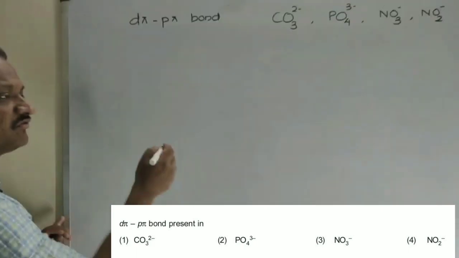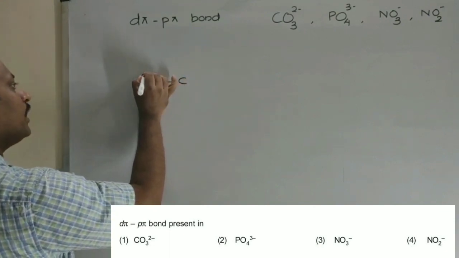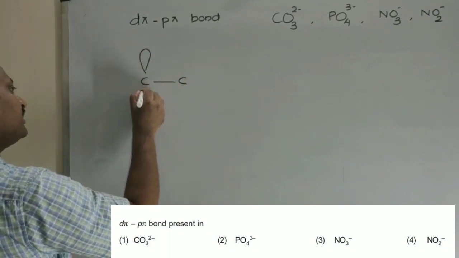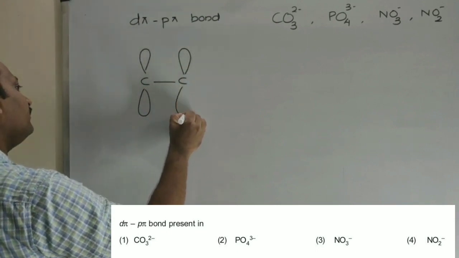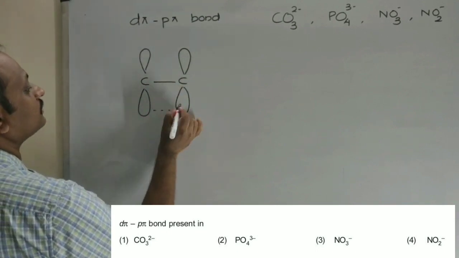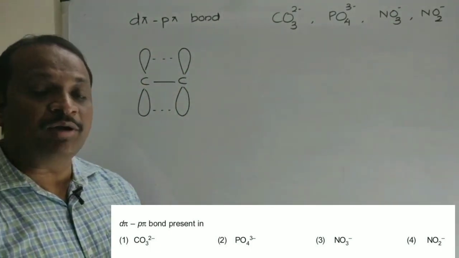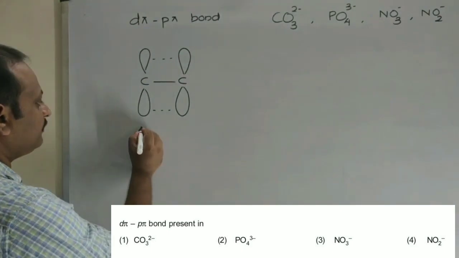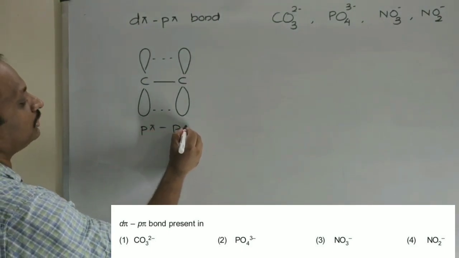We have studied in the case of carbon, one p orbital present here overlaps laterally with the next p orbital. So this pi bond is called a p-pi bond. So this is what is called p-pi.